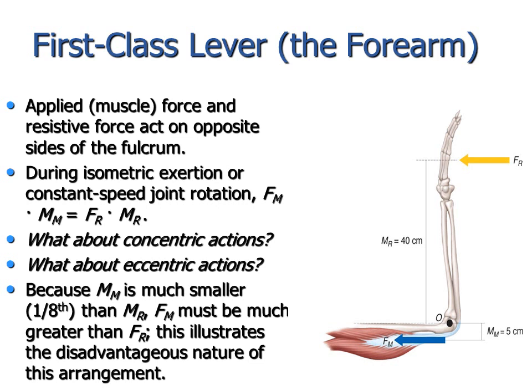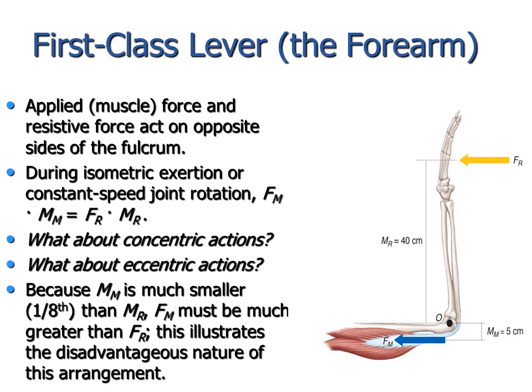So, based upon our definitions as we've described them, during an isometric exertion, the applied muscle force times the muscle moment arm, by definition, is equal to the resistive force times the moment arm of the resistive force.